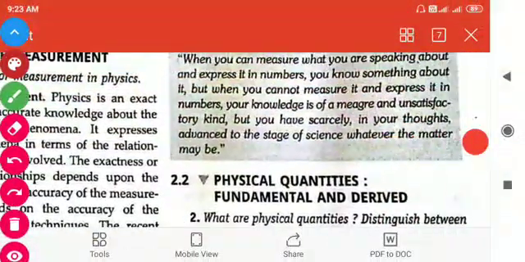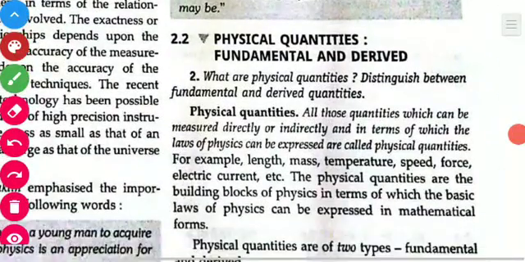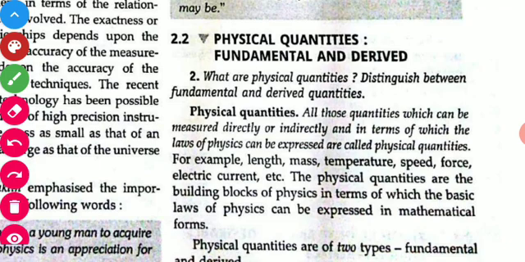After that, our next topic is physical quantities. So what are the physical quantities? In physics we study nature, natural phenomena, natural laws. To explain those phenomena and laws, we need the help of some quantities.